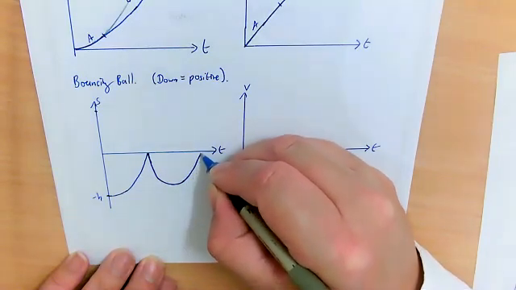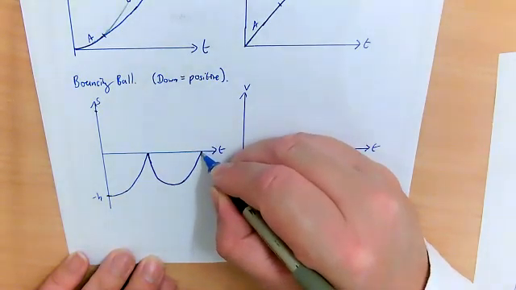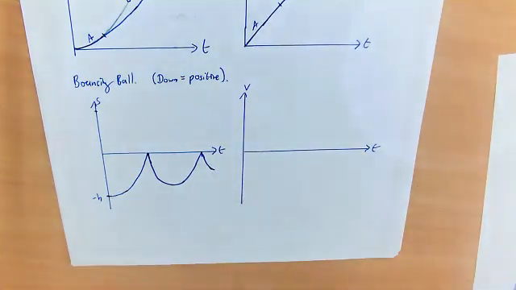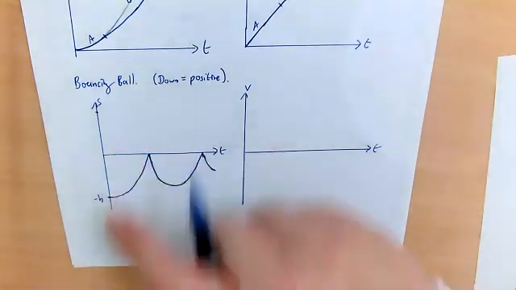So it's a positive gradient, and so on. So that would be the displacement time graph for somebody bouncing a ball if we said down was positive. Obviously, if we said that up was positive, then this would be the other way up.